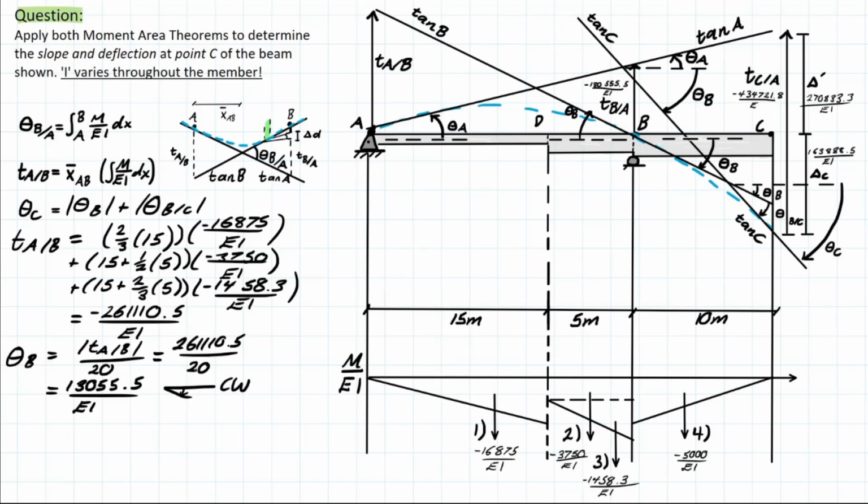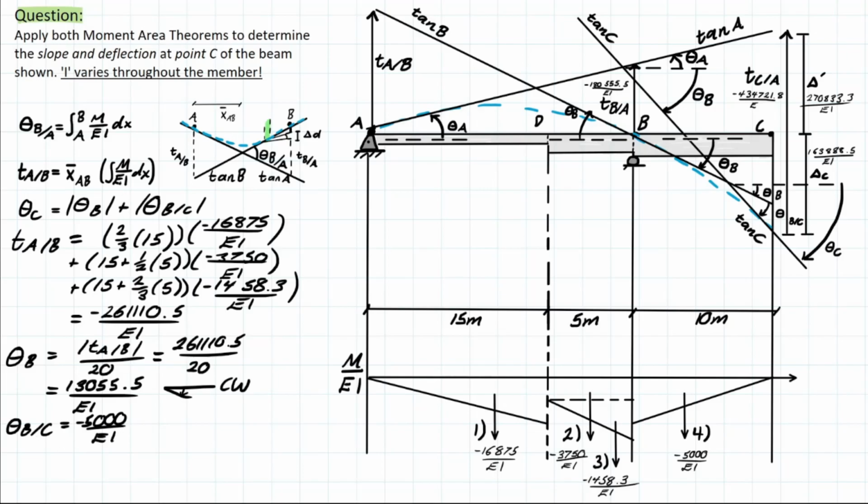Now let's go ahead and solve for the second part of the formula that we're trying to get, which is this BC value. So theta BC is going to be simply equal to the resultant between B and C. And we only pass between these 2 points, therefore we can simply get this value of 5,000 over EI.